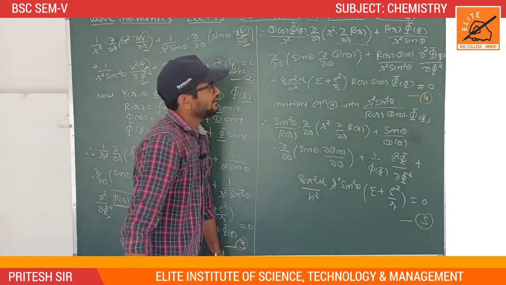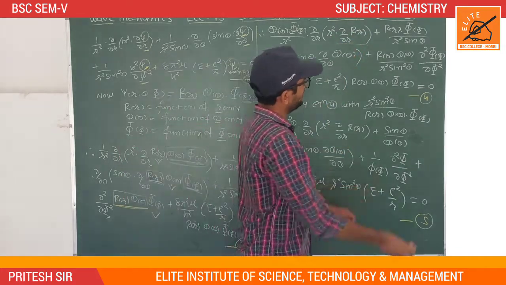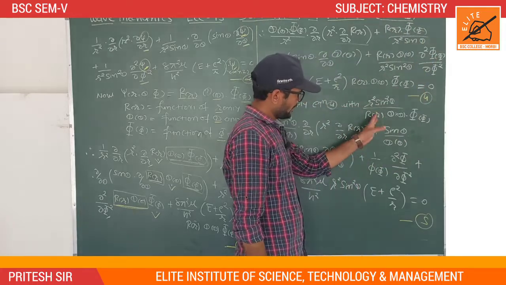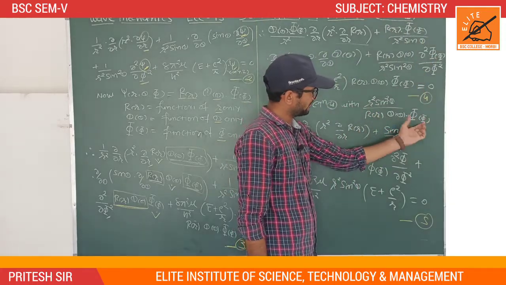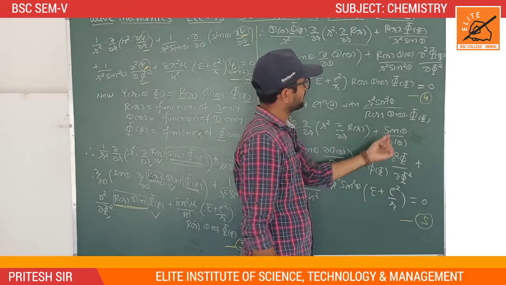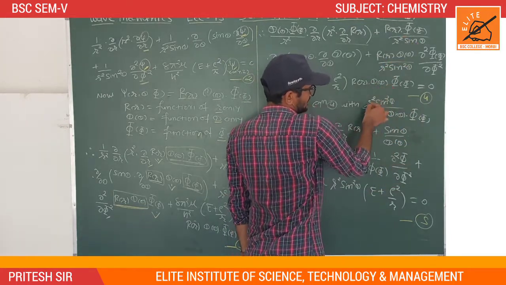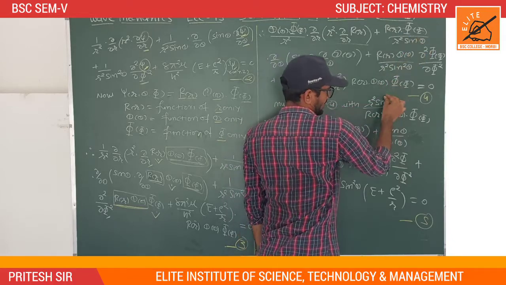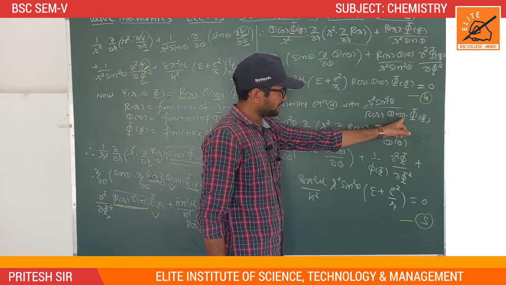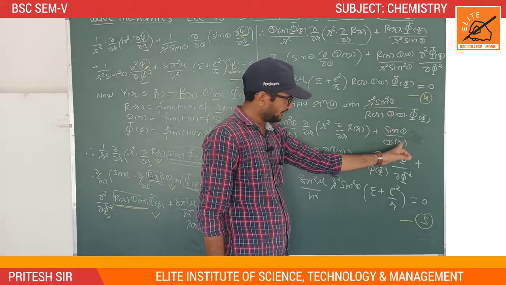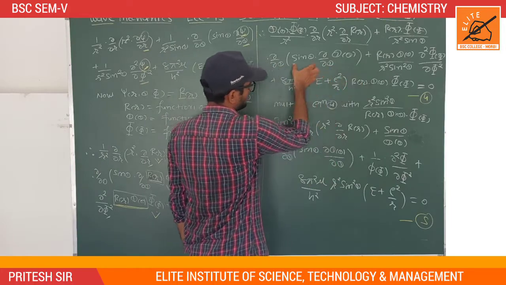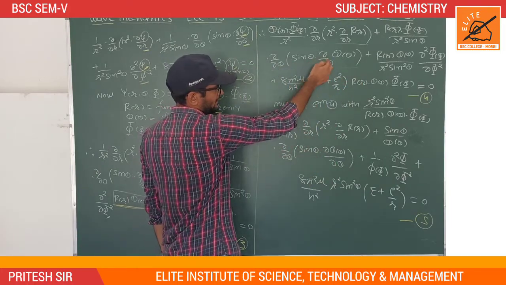Okay, and the second term becomes: here r of r and phi of phi both are cancelled, so only theta of theta remains, and r square also cancels, sin theta cancels one time. It means the remaining term is sin theta upon theta of theta. So here this term remains as it is: theta of theta sin theta del by del theta, theta of theta.